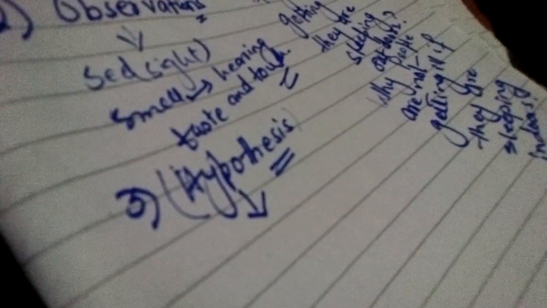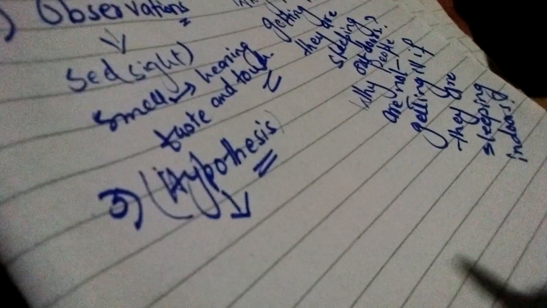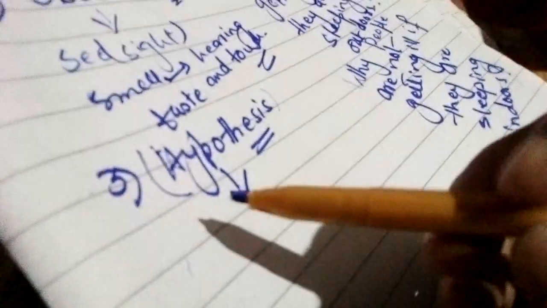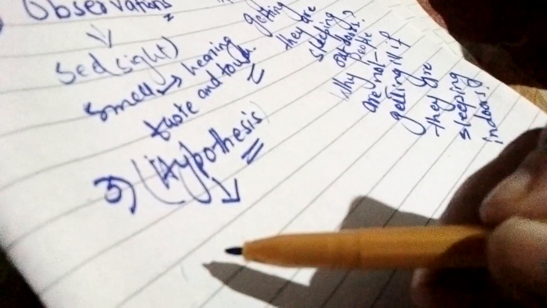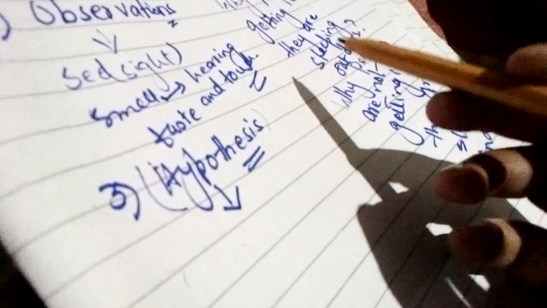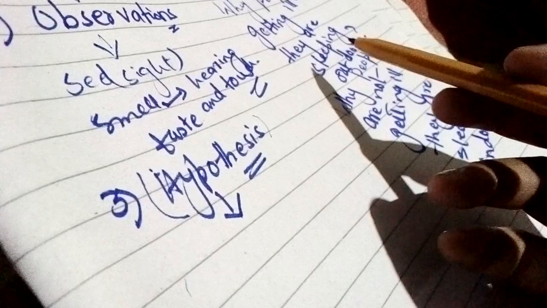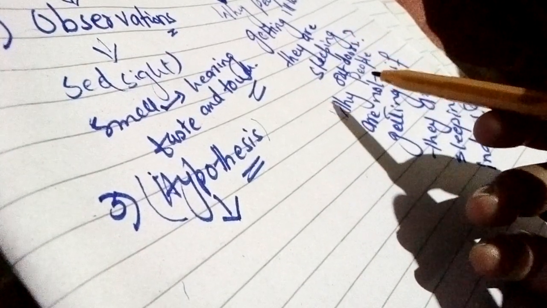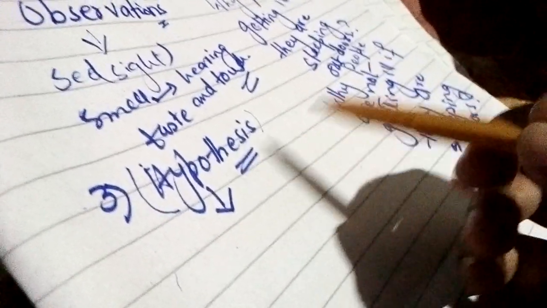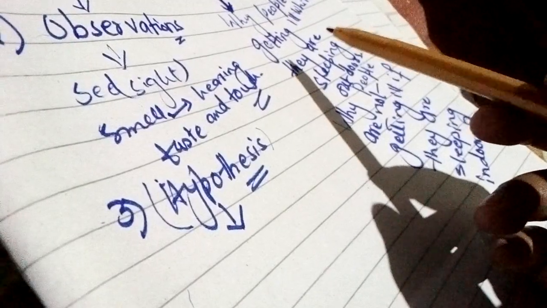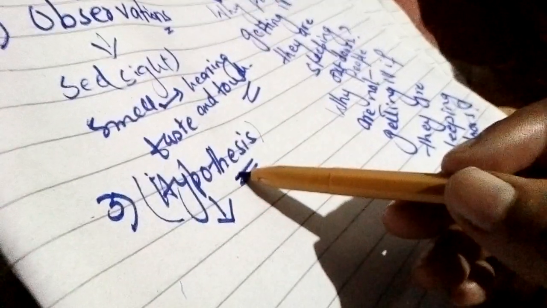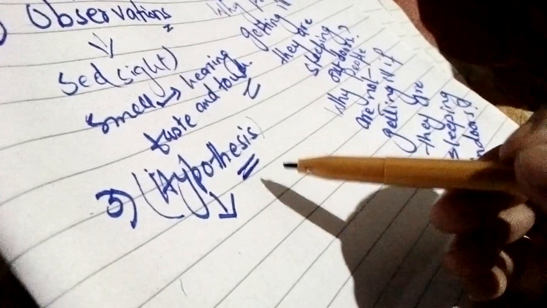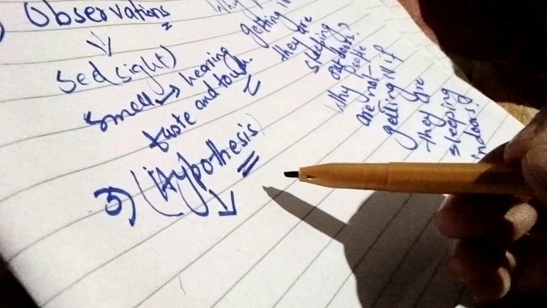So for example, if the insect is the mosquito, which is biting the people and people are getting ill, then there must be some fluid present in the mosquito's bite.